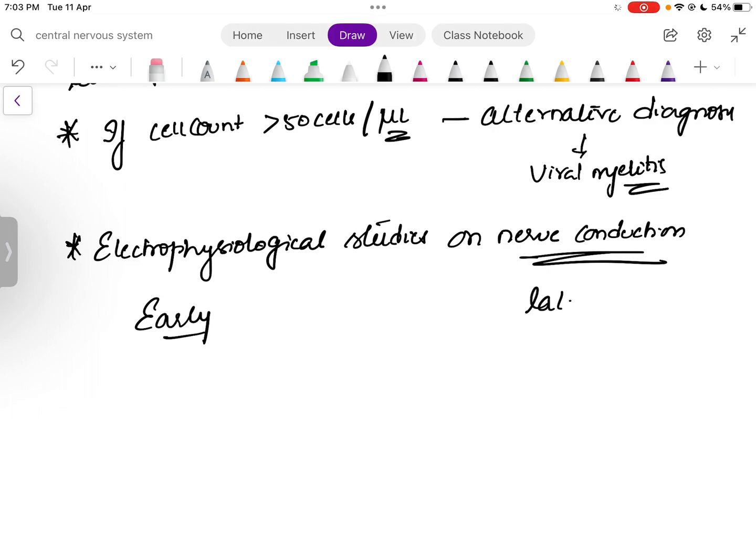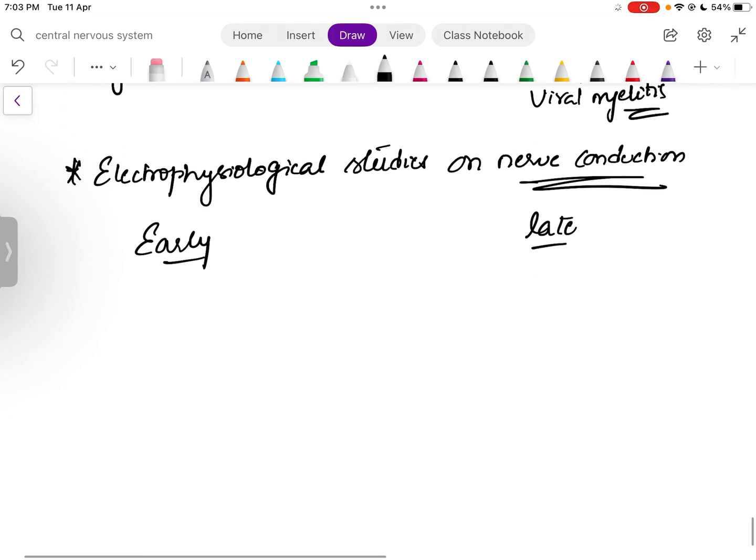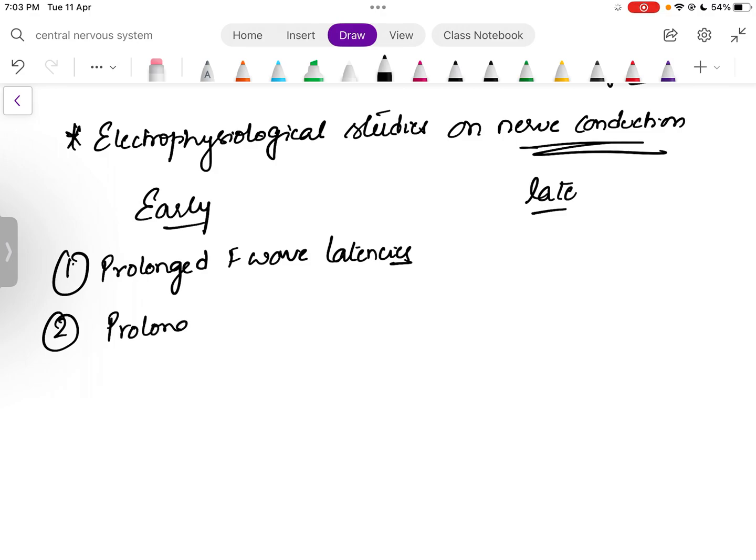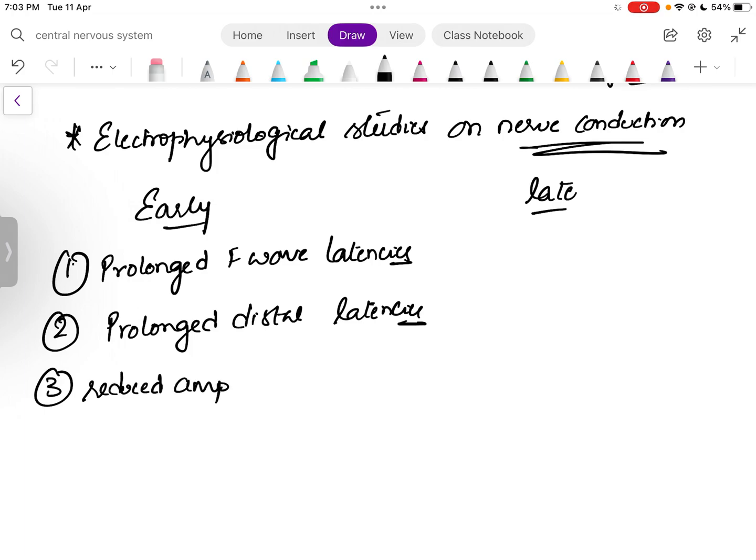We have different electrophysiological features in early disease and in late disease. In early disease, there will be prolonged F wave latencies, prolonged distal latencies, and reduced amplitudes of compound muscle action potential.